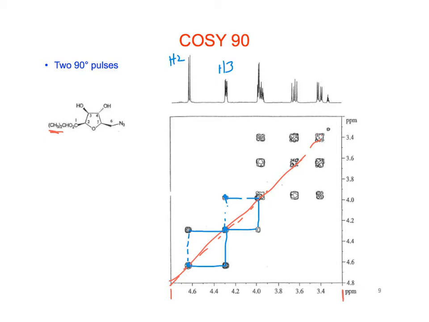Okay, so when we have overlapping ones, we have to notice how those off-diagonal peaks line up. So we would say that this side right here is H4, just because this one is kind of skinny.